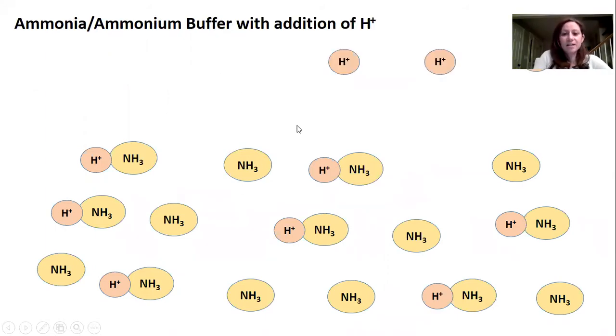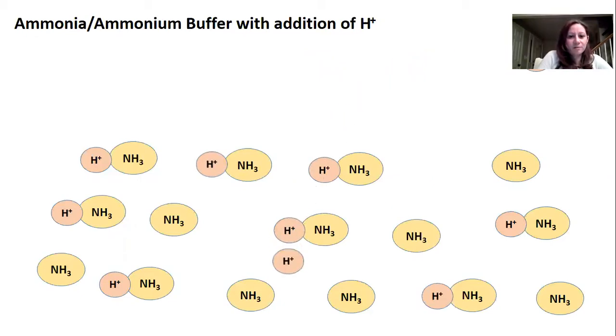So let's say I take some acid and I add it to my buffer. Because this is acidic, the basic portion of the buffer is going to react. So the NH3 is going to react with the H+. So let's see what happens. It reacts with it, it just changes it from ammonia to ammonium ion. Here's another one.